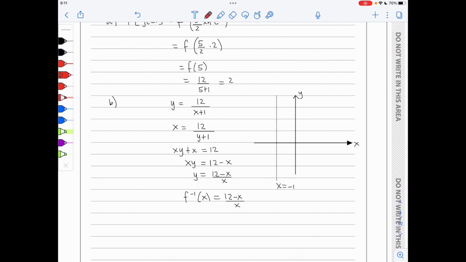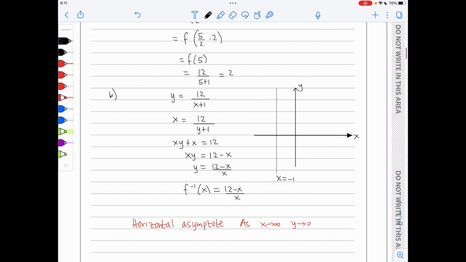So for the horizontal asymptote, we consider the behavior of y as x tends to infinity. It's obvious that as x tends to infinity, y tends to 0, so the x-axis will be an asymptote. We also know that when x is 0, y is 12, so we've got the cut on the y-axis. So the graph looks something like this.